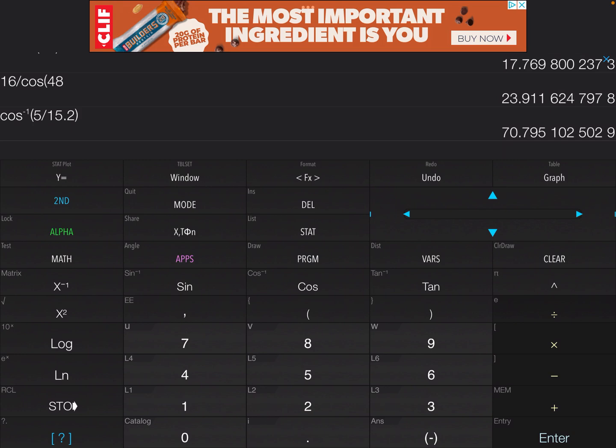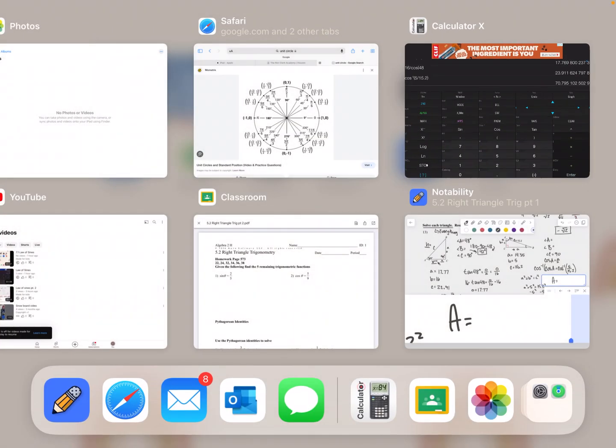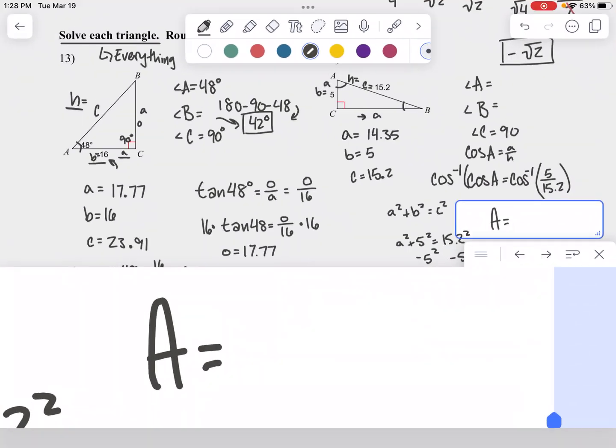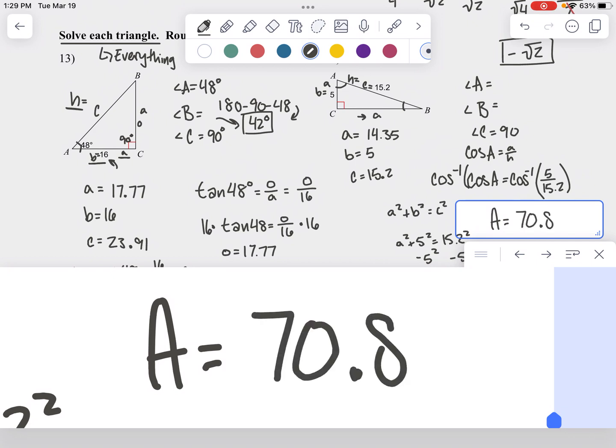Enter. And we get 70.79, but you're rounding to 1 decimal, so that 9 would round up, and the 7 rounds up to 8. So it's 70.8. Okay, so that's my degrees for angle A.